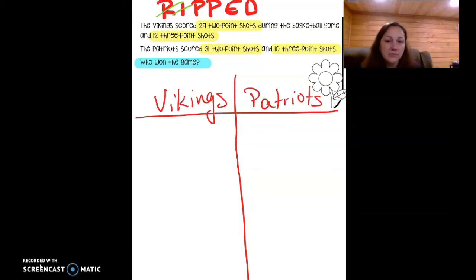Now, the first thing I need to know, let's kind of set it up. This will be part of our picture and part of our plan. They kind of are working hand in hand together today. So I'm going to put 29, and we're going to say 2-point. And then they had 12 3-point.